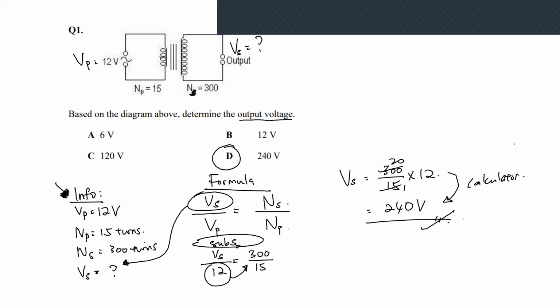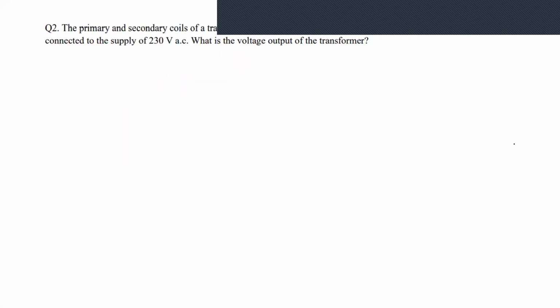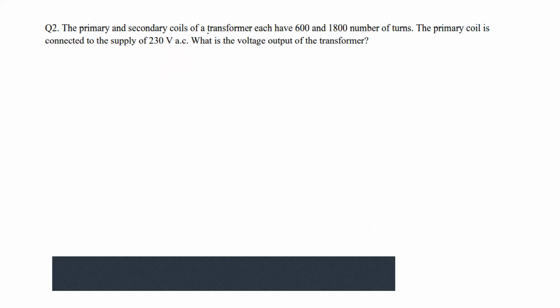Alright, so let's continue. The primary and secondary coil of a transformer each have 600 and 1800 turns. The primary coil is connected to a supply of 230 volts AC. What is the voltage output of the transformer? From here we can recognize the output, which is what we want.